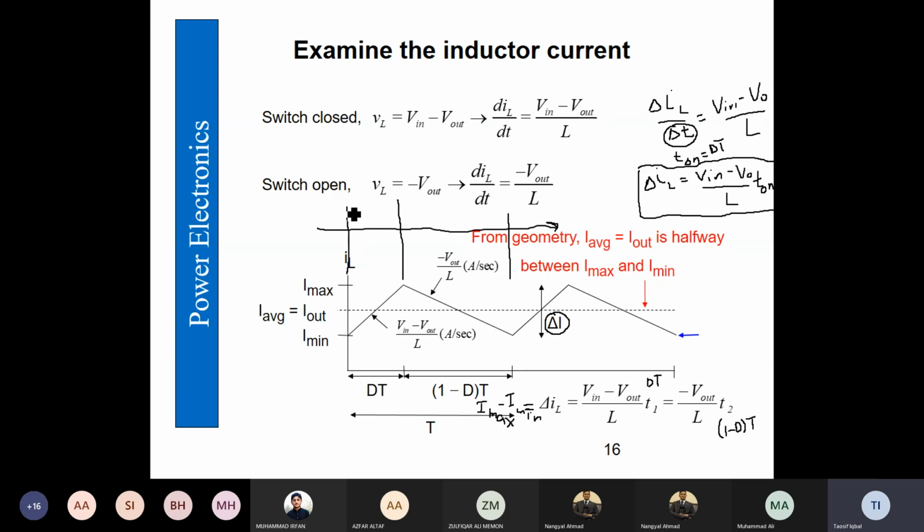For positive slope, there is going to be a positive peak appearing across the inductor, and in discharging there is going to be a negative voltage appearing across it, and we know that this voltage is the difference V in minus V out with respect to the dT, and in negative cycle we are going to have this minus V out with respect to the 1 minus dT.